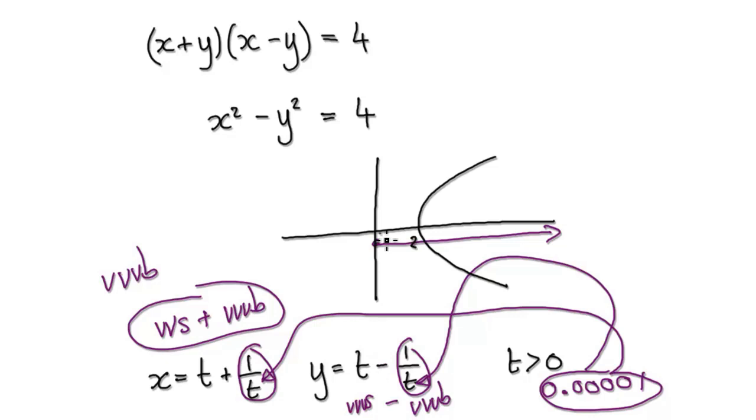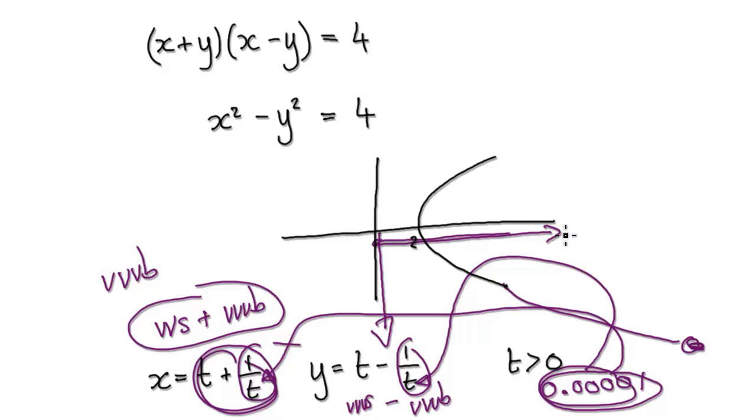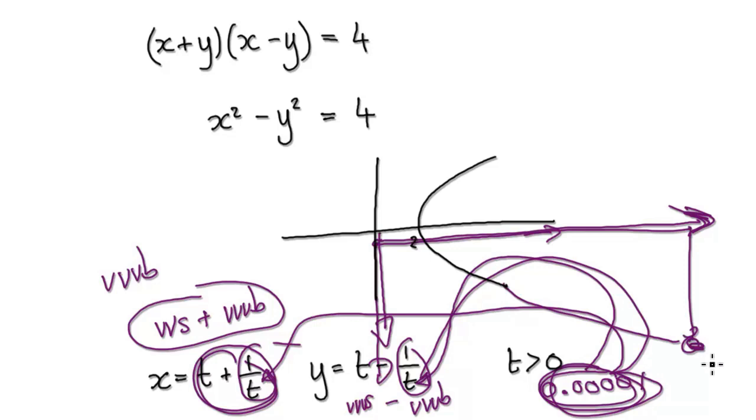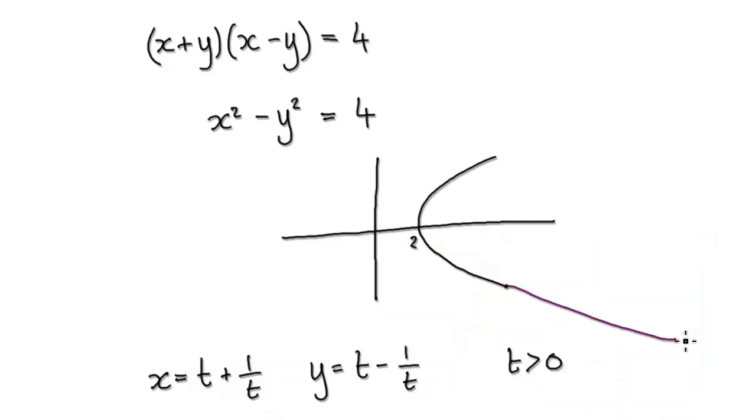So in the y direction it will be all the way down here. The location in the x direction will be all the way to the right, and the y location all the way down, so when t is small, the location will be somewhere down here.